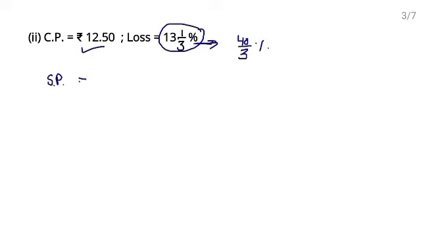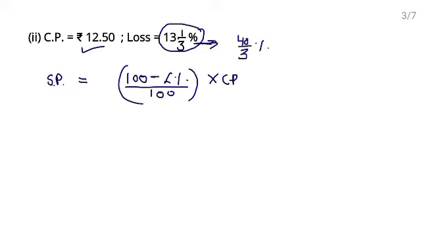Now they are asking for the selling price. So put the formula of selling price, 100, loss is given so put a minus sign, loss percent upon 100, multiplied by CP. Put the values, 100 minus 40 upon 3.